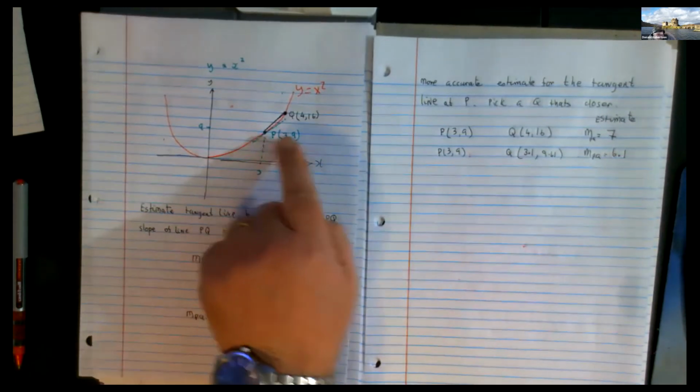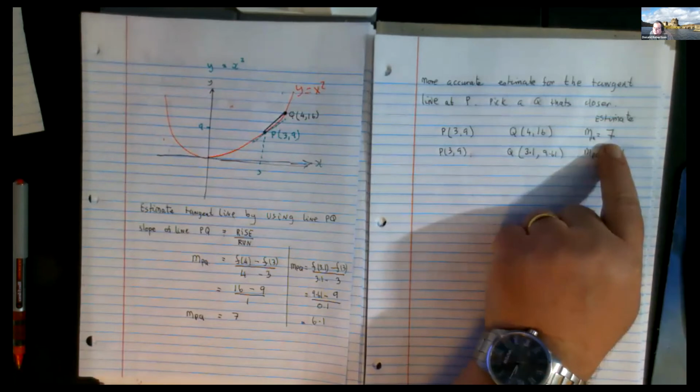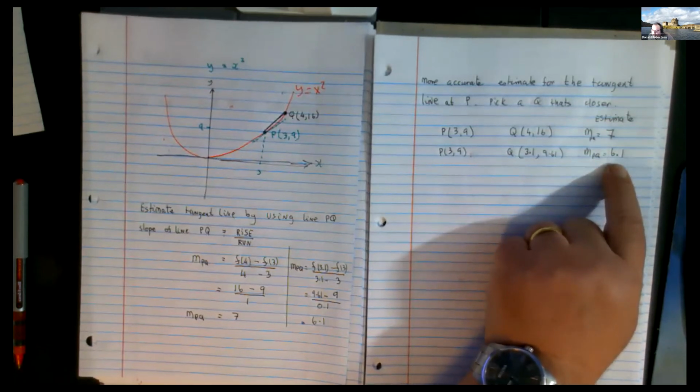So our first estimate was that the slope of the tangent line would be 7. Our next estimate is that it would be 6.1.